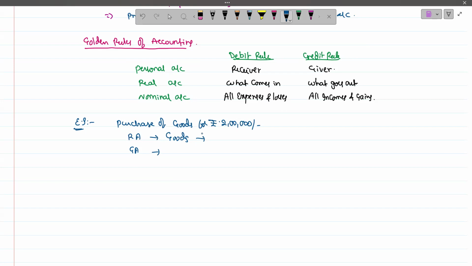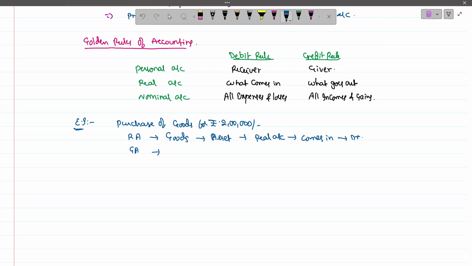We purchase the goods, we receive the goods. So goods is an asset. That is a real account. What is the rule for real account? What comes in is debited and what goes out is credited. Here goods come into the business.